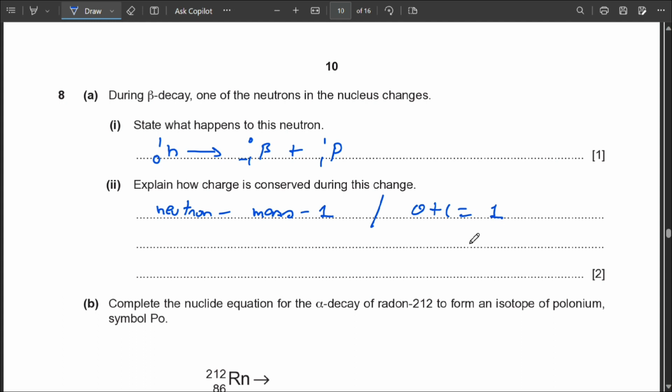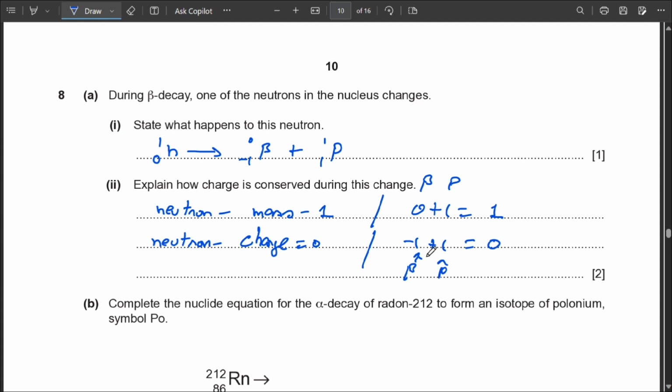Beta has 0 mass and proton has 1, so that's equal. Similarly, the charge on the neutron is 0, and beta plus proton is minus 1 plus 1, that equals 0. Hence the total charge is conserved during this reaction. That's the nuclear reaction.